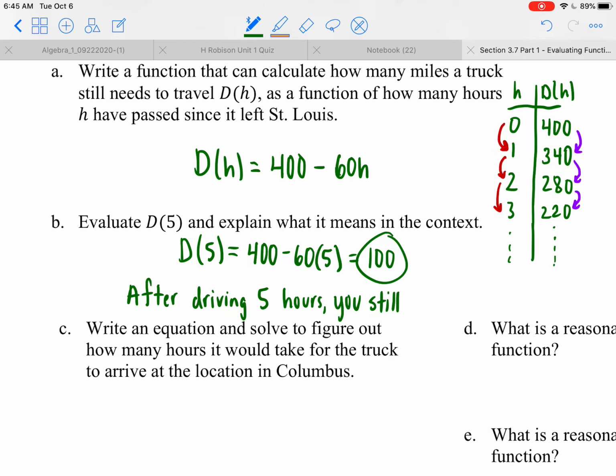This means that's how many miles you still have to go if you've been driving for 5 hours. So you still have 100 miles to go. So that's what that means in the context. So after you've driven for 5 hours, you still have 100 miles to go.